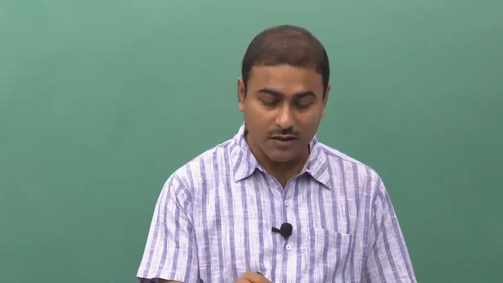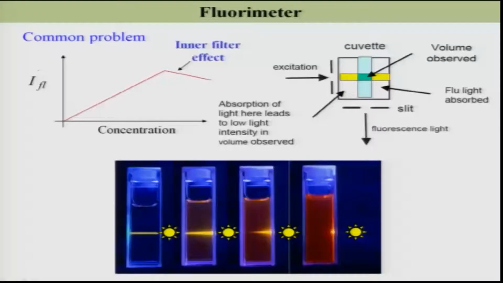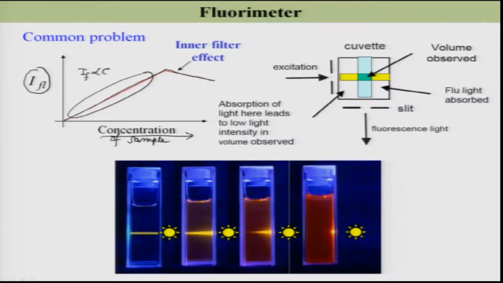But now if I plot the intensity of fluorescence versus concentration of sample, I can also end up with a situation that fluorescence intensity was increasing and then it started decreasing. I know about this region, because I know fluorescence intensity is proportional to the concentration, but how am I going to explain this part, right?